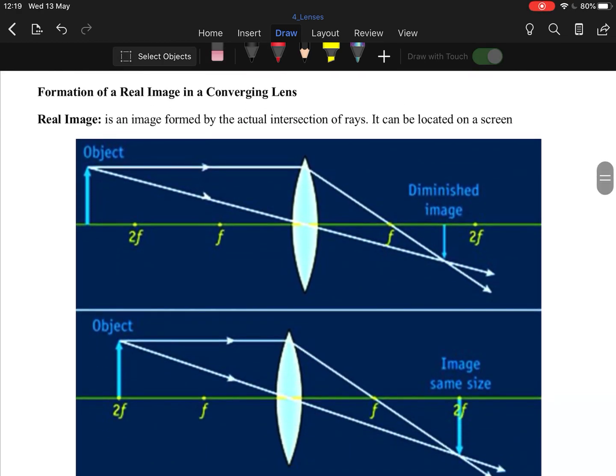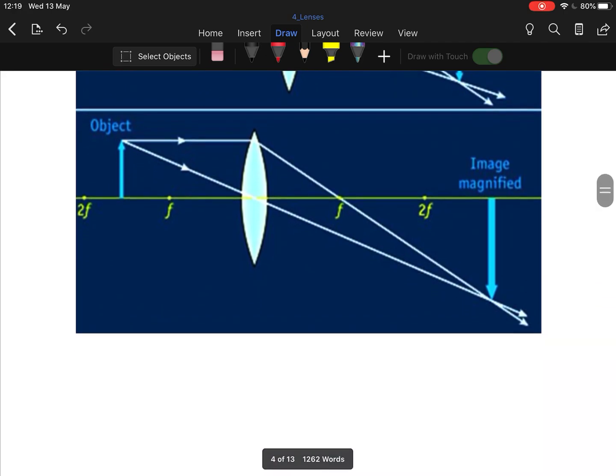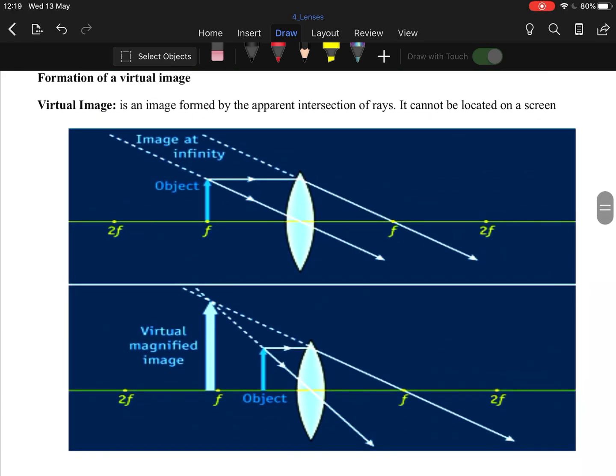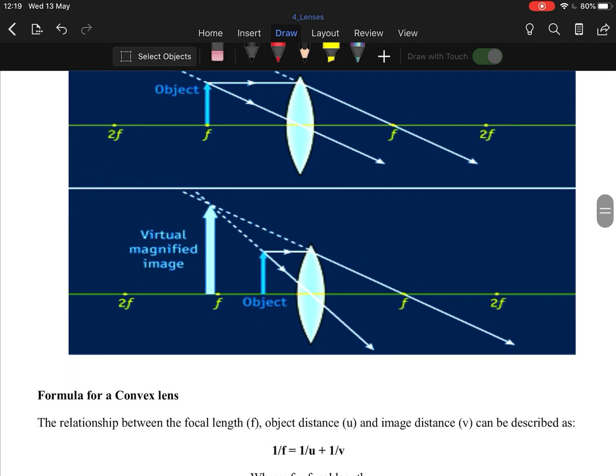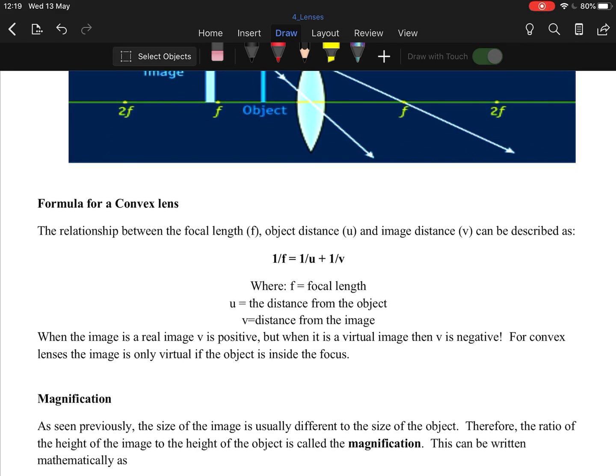Now, how do you form a real image? Something like this. So these are your diagrams here. And then for your virtual image, you're at the focal point, so you see the lines won't meet. But if you're inside the focal point, you will get a virtual image at some point. So virtual image at or inside the focal length. The equation is the exact same as the one previously.